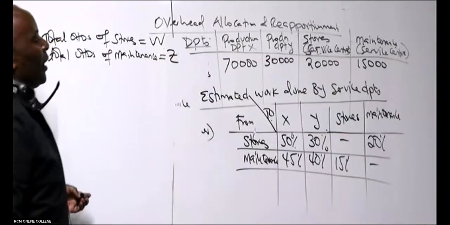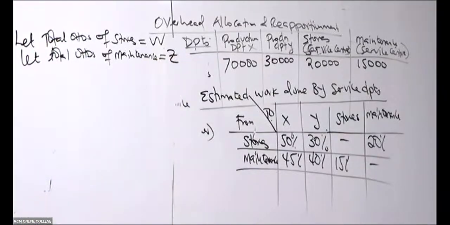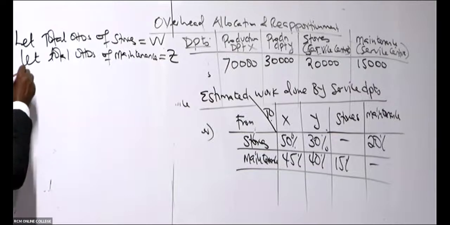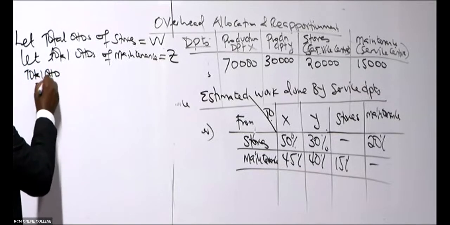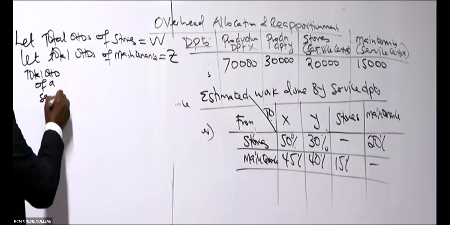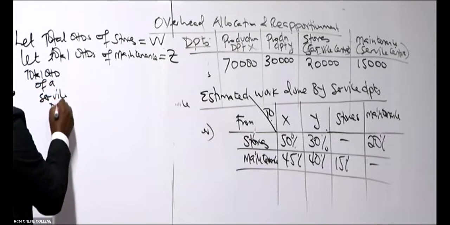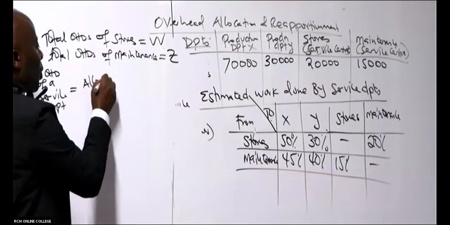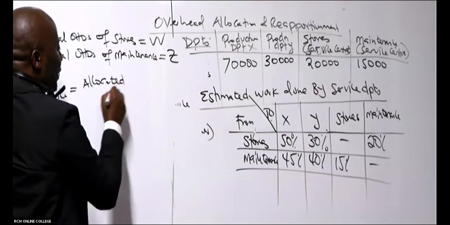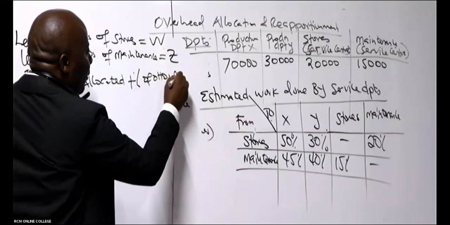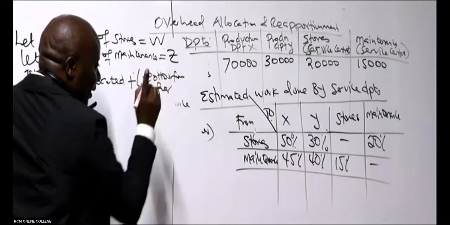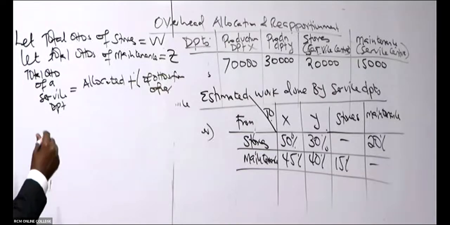Yeah, Z. And what has Mwalimu just told you? The total overhead of a service department will always be equal to allocated plus a percentage of overheads from other departments, isn't it?